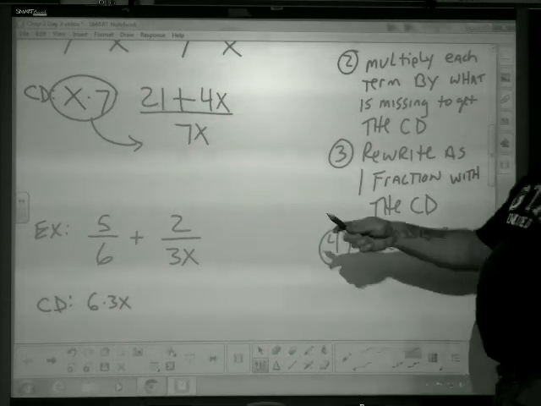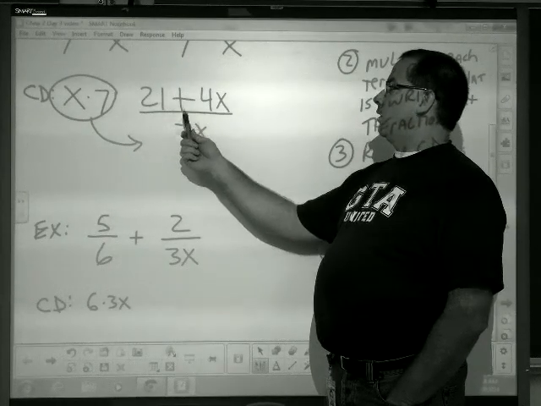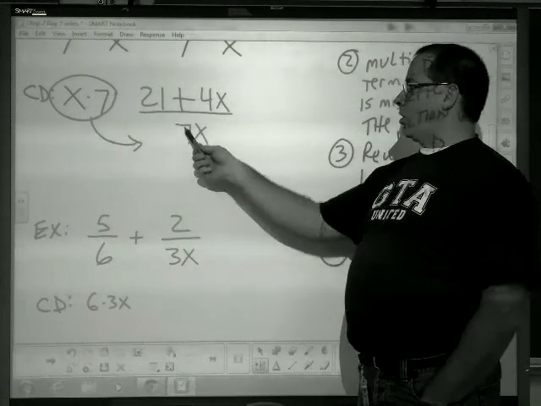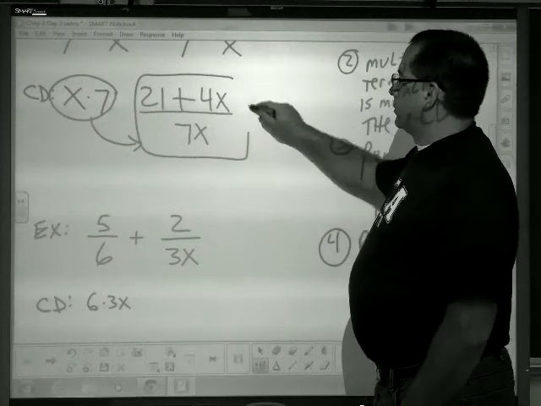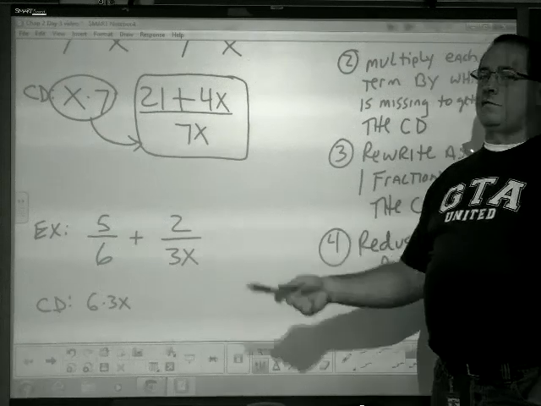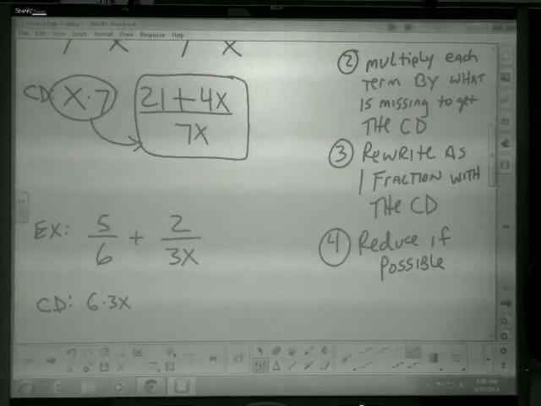That was day 1. Factor and reduce if possible. Well, there's nothing to factor on the top, so I can't reduce. I can't just cross off the 7 and the 21. I can only reduce if I factor first. When I have a binomial or a trinomial, I have to factor something out in order to reduce it. So that one is done.